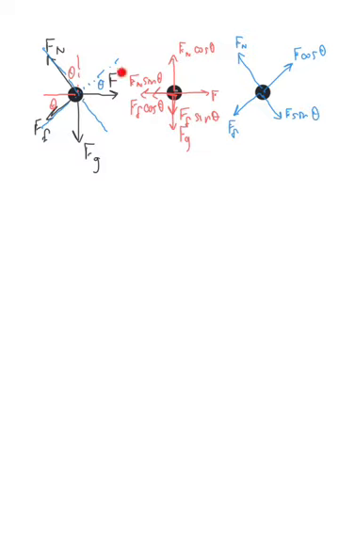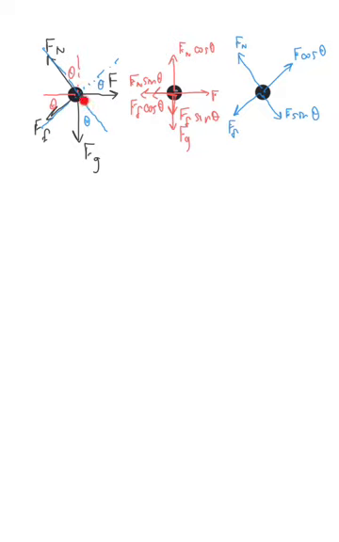So that takes care of this force, but then we also have to break this gravitational force into components. So this angle right here is the same angle theta. So the downward force of gravity will be broken into a component going both along this axis and along this axis.